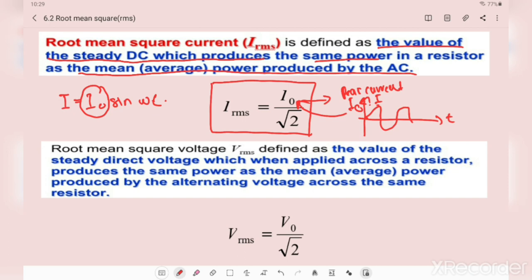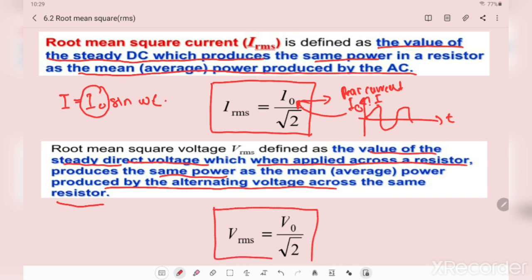The root mean square voltage is defined as the value of the steady direct voltage which, when applied across a resistor, produces the same power as the mean or average power produced by the alternating voltage across the same resistor. We can use the equation V RMS equal to V naught divided by root 2.